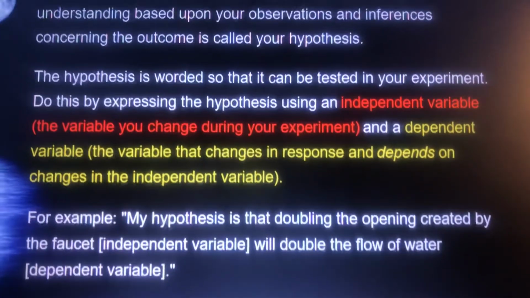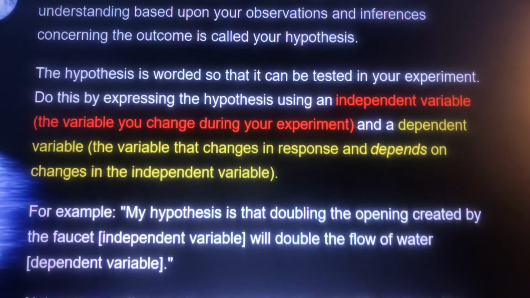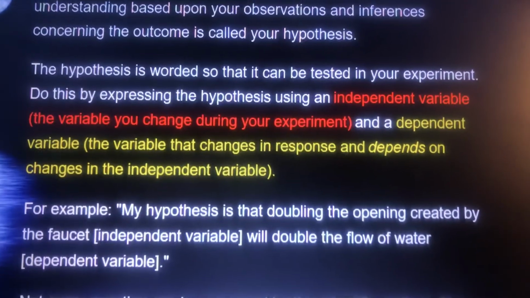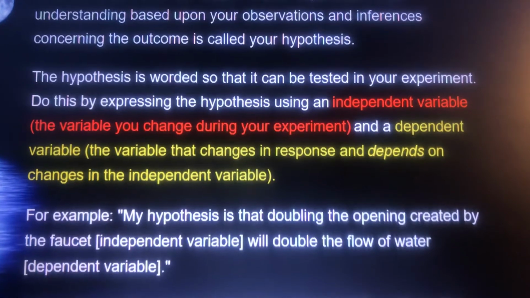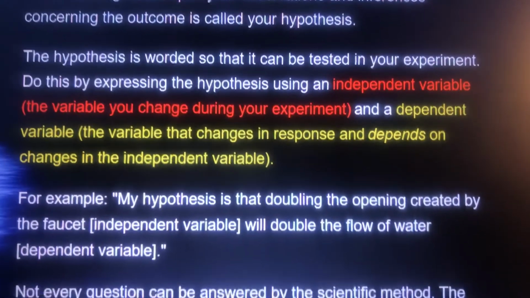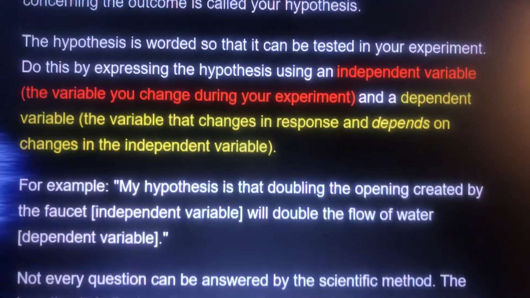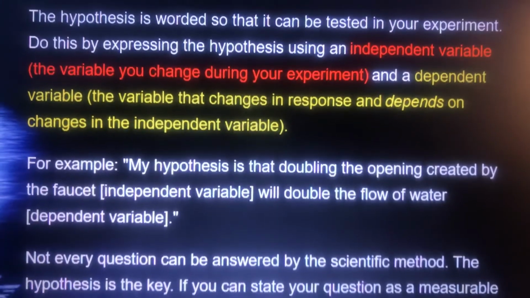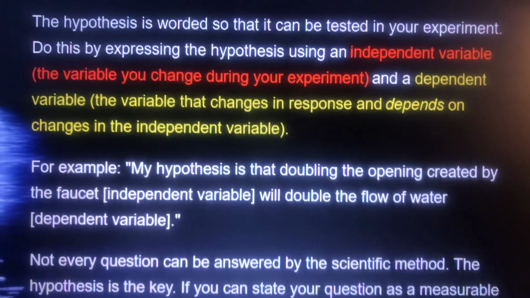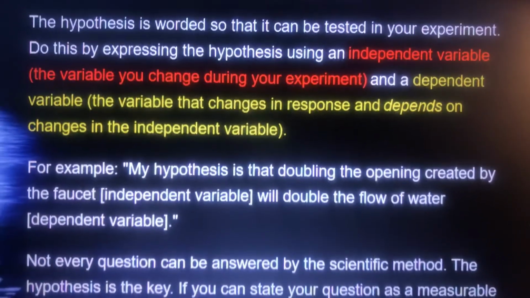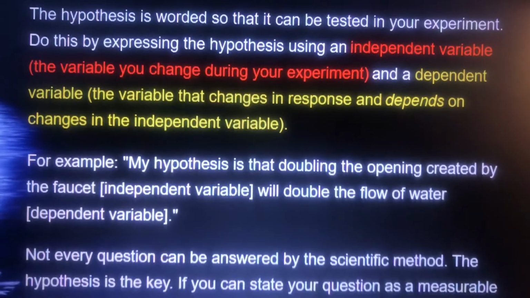So I'm going to have one variable, independent variable, and I'm going to predict that when I change that independent variable, it will cause a change in the dependent variable. Okay. So my hypothesis is that doubling the opening created by a faucet, that would be the independent variable, changing the opening on a faucet will increase or decrease the flow.